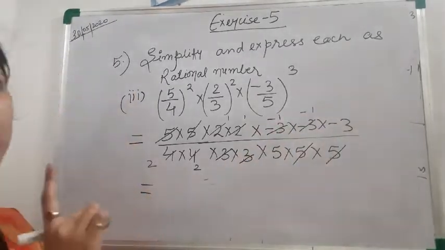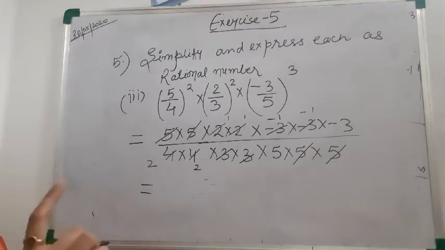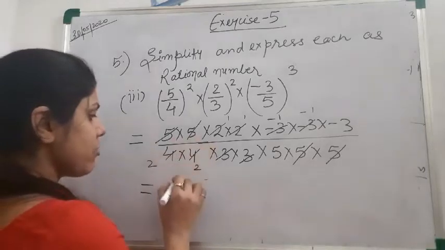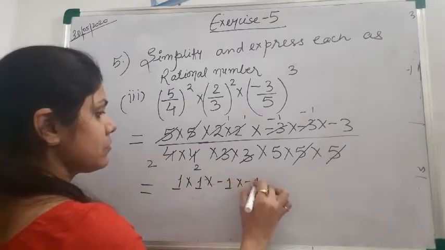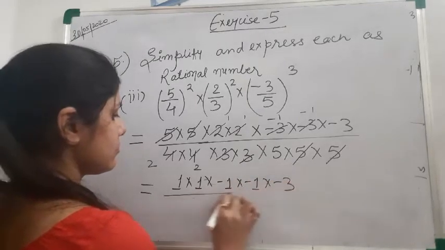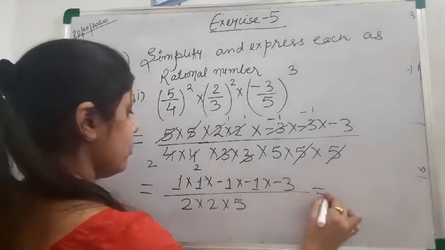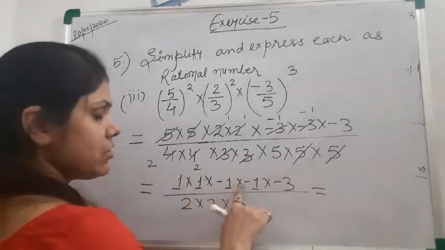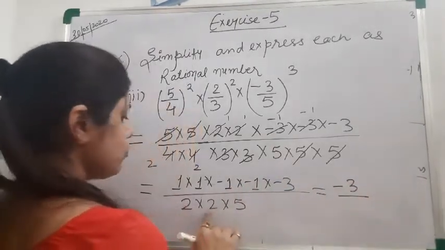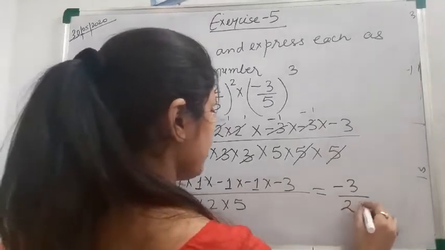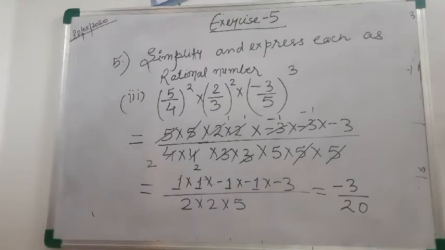Now if we do the multiplication, there is a chance of error, so it's better to write whatever is left. Downward 2 into 2 into 5. Now 1 into 1, 1, minus 1 into minus 1, plus 1 into minus 3, minus 3. 2 twos are 4, 4 fives are 20. So your answer comes here as minus 3 upon 20.